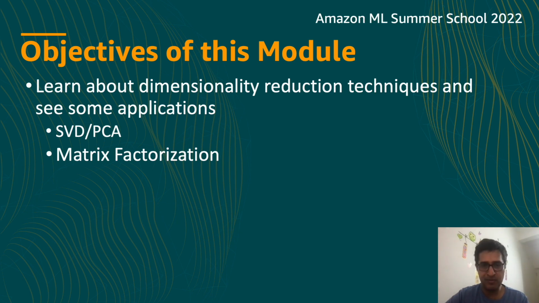We are also going to talk a little bit about where one applies which of these. We will touch very briefly on autoencoders and representation learning, but representation learning, embeddings and autoencoders are a big area in themselves, and that's probably a story for another day. In this module, we will restrict ourselves to SVD, PCA, and matrix factorization.